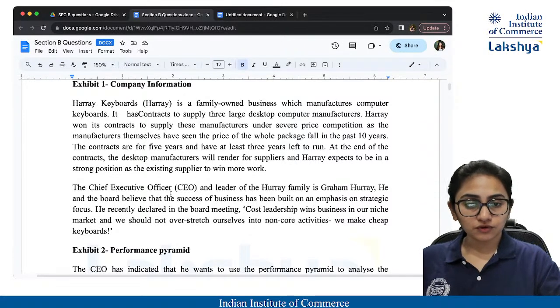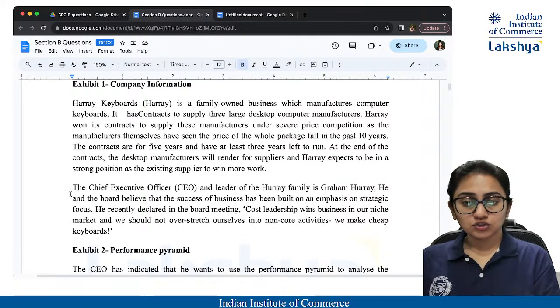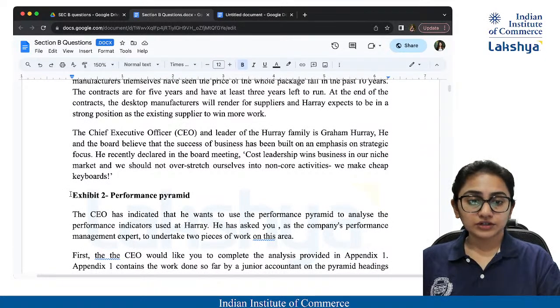The 2 years are over. At the end of the contracts, the desktop manufacturers will retender for suppliers, and Harry expects to be in a strong position as the existing supplier to win more work. The CEO, Chief Executive Officer, and leader of the Harry family is Graham Harry.